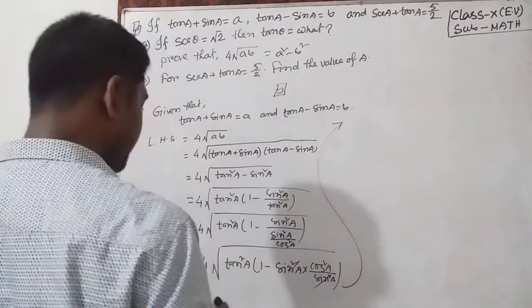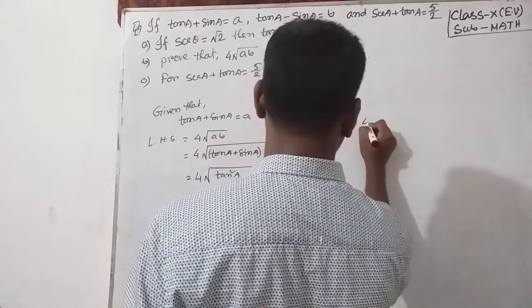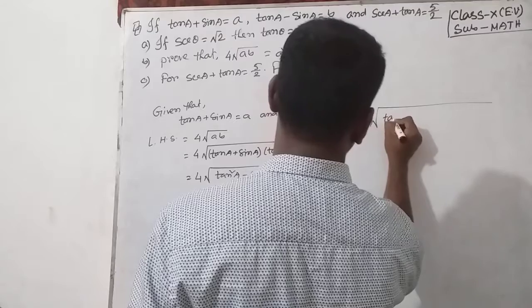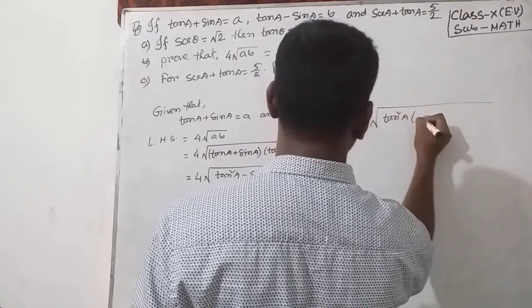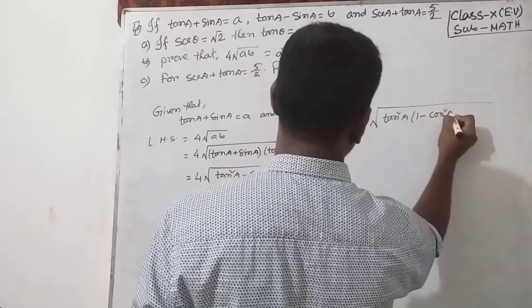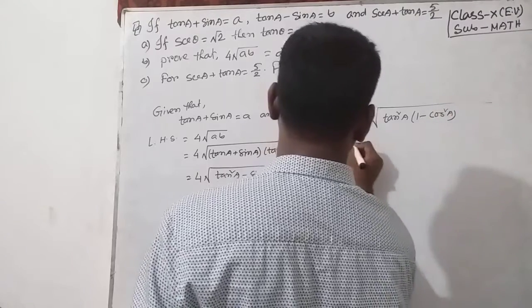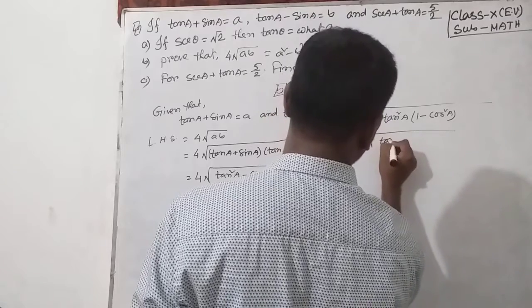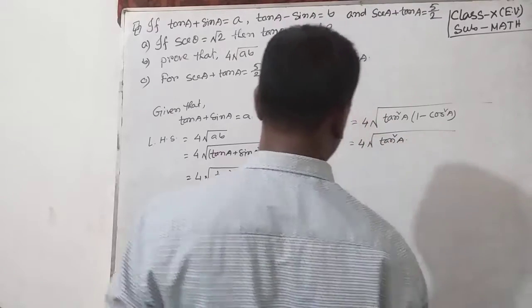Now we can write 4 root over tan square a times 1 minus cos square a.